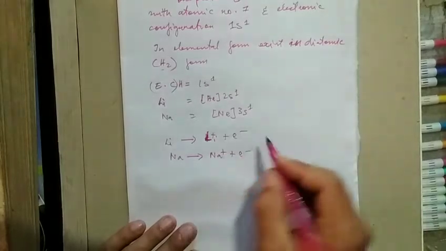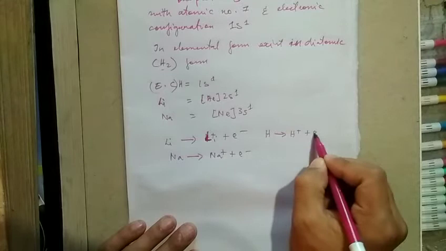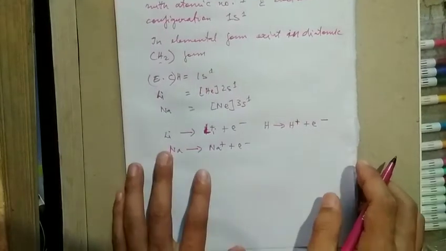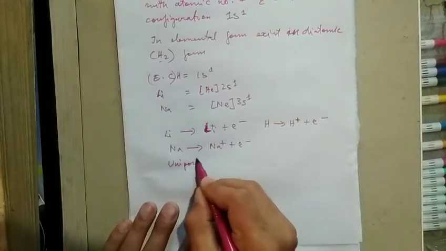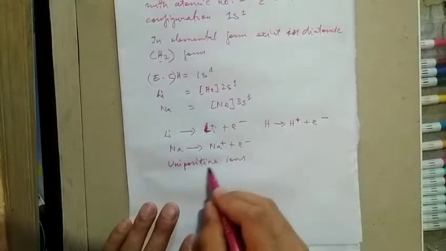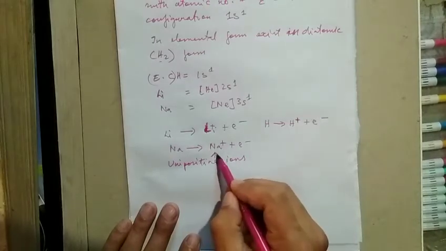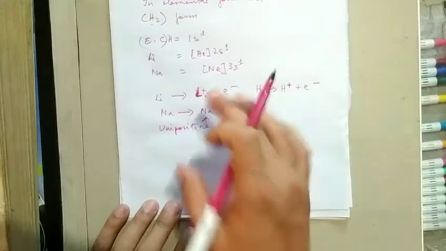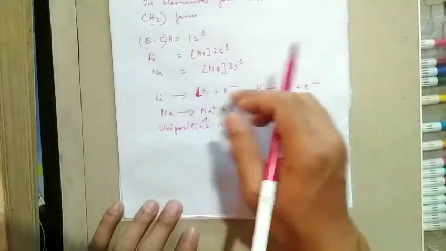In the same way, hydrogen can become H plus by removal of one electron. So they become uni-positive ions such as Li plus and Na plus. This is the similarity of hydrogen with the alkali metals, the first group elements.